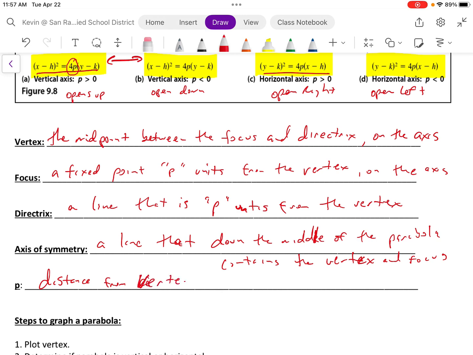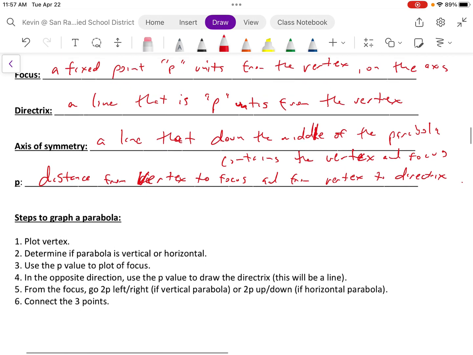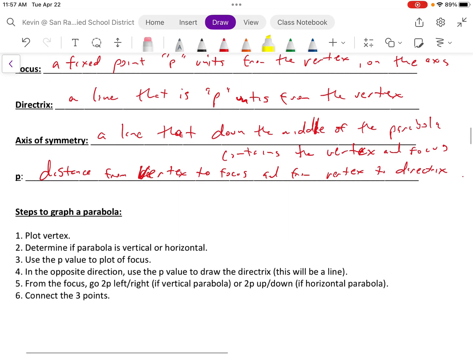P is the distance from vertex to focus, and from vertex to directrix.